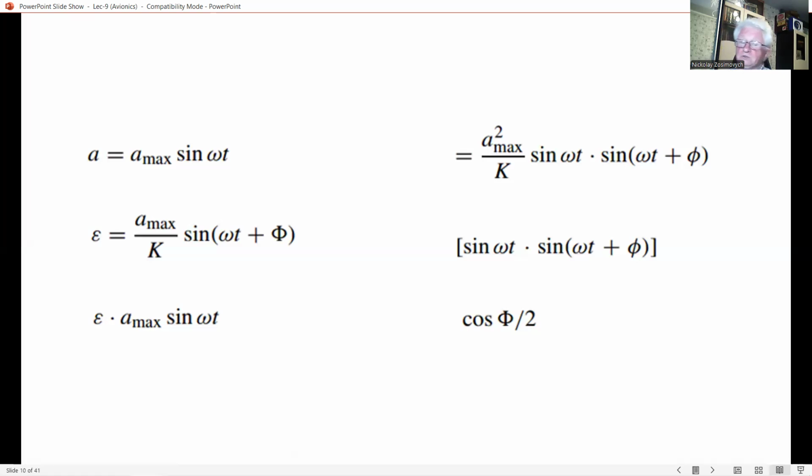This error source contributes to the g-squared error sensitivity of the accelerometer, as it is proportional to the square of the vibration acceleration, right? So we have square vibration acceleration.